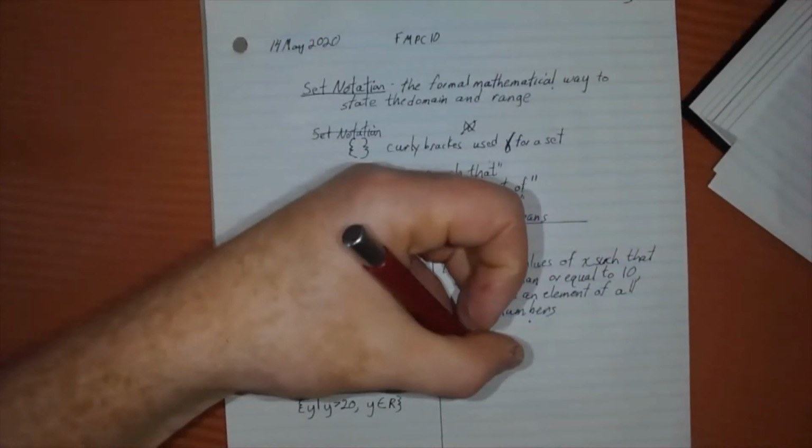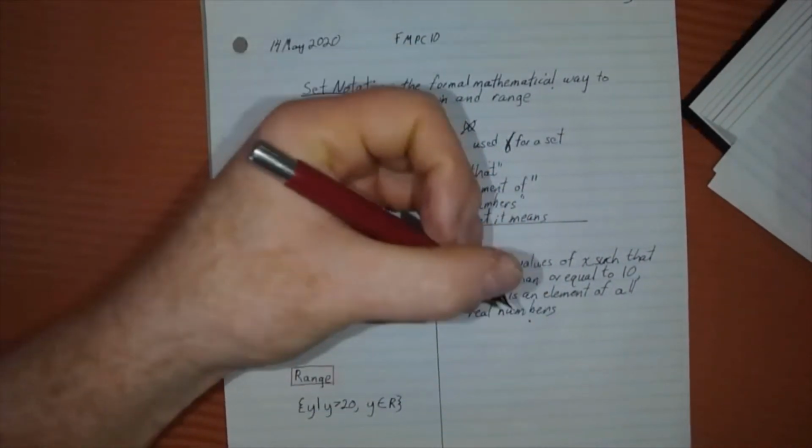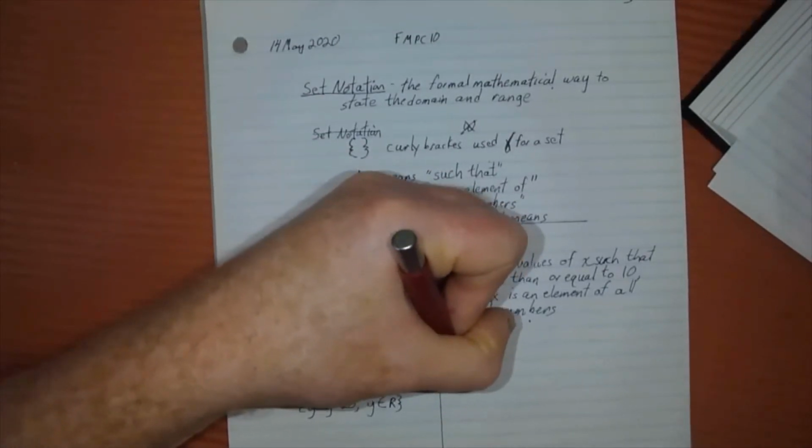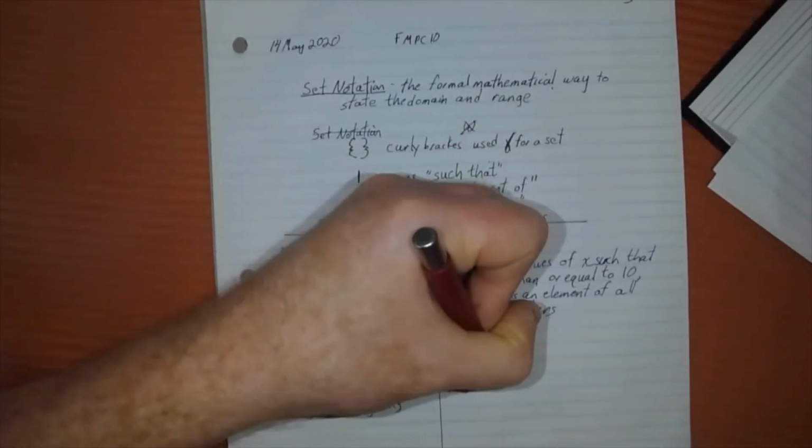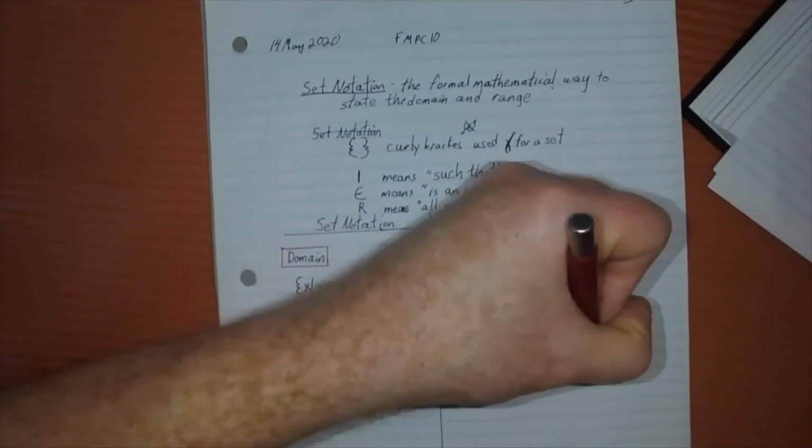Okay, range is defined as, what does this mean? It is the set of values of y.